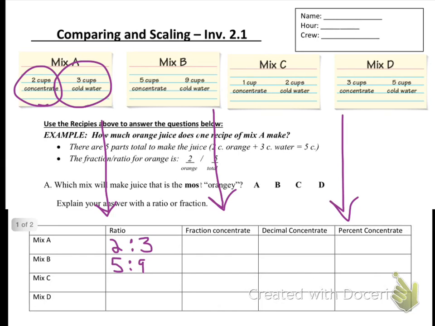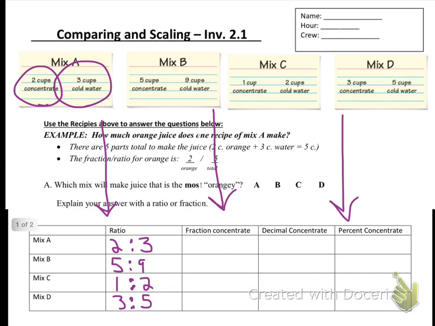Mix C requires 1 cup of concentrate for 2 cups of water. And mix D requires 3 cups of concentrate for 5 cups of water.